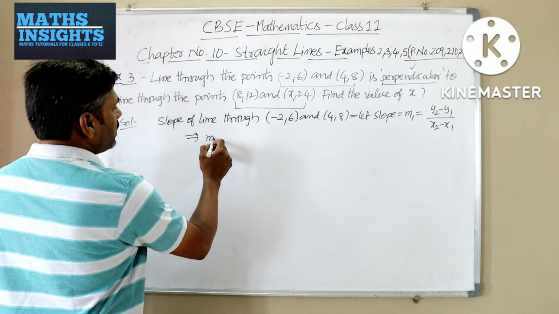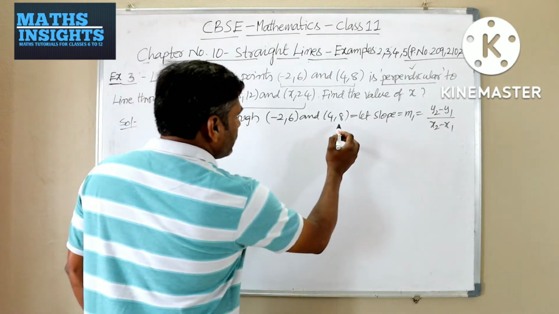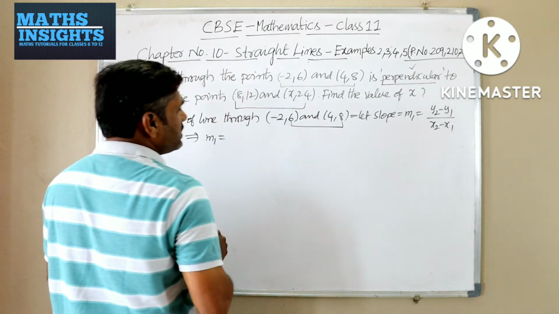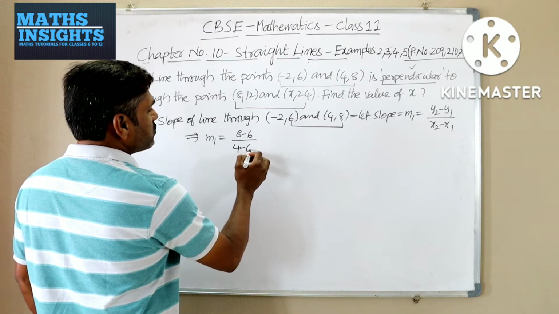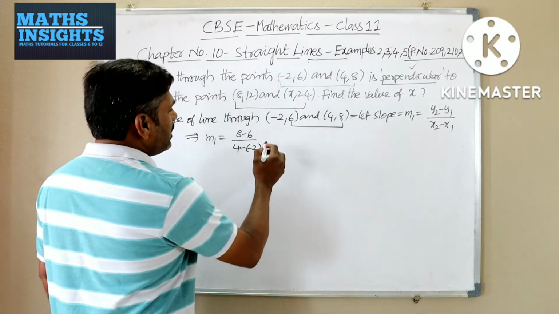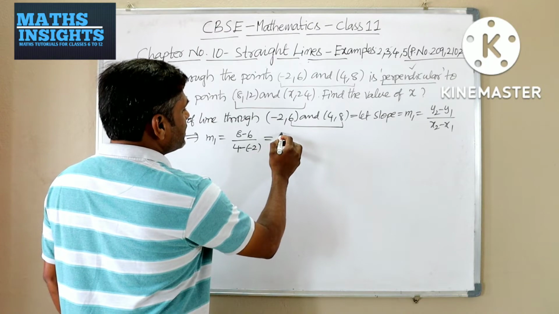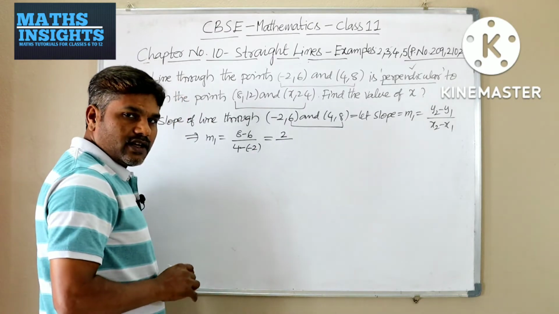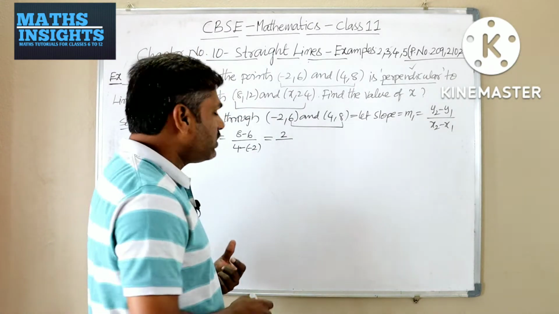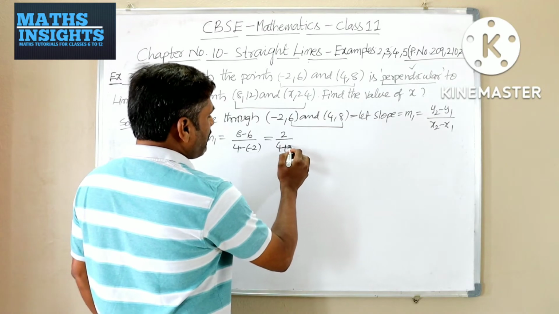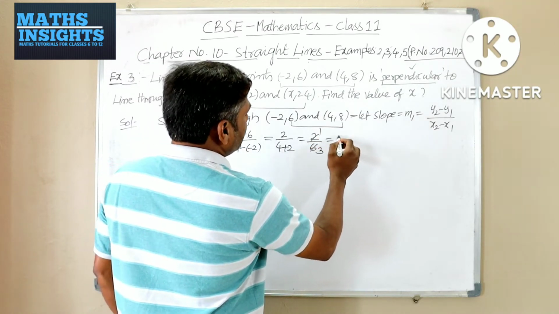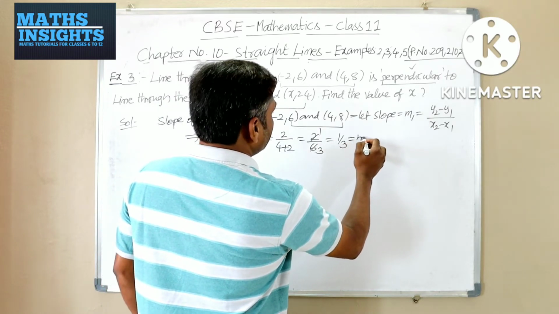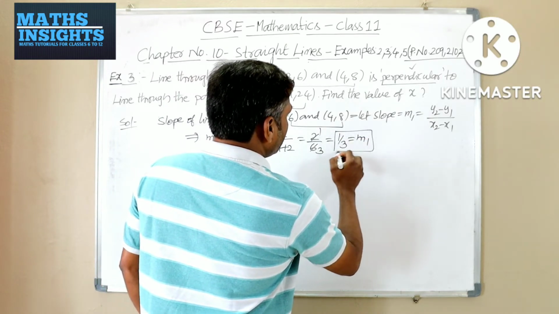That implies m1 is equal to 8 minus 6 by 4 minus of minus 2. 8 minus 6 is 2, and 4 minus of minus 2 gives you plus 2, so that is 2 by 6. 2 1s are 2, 2 3s are 6, that is equal to 1 by 3. This is the slope of the first line.